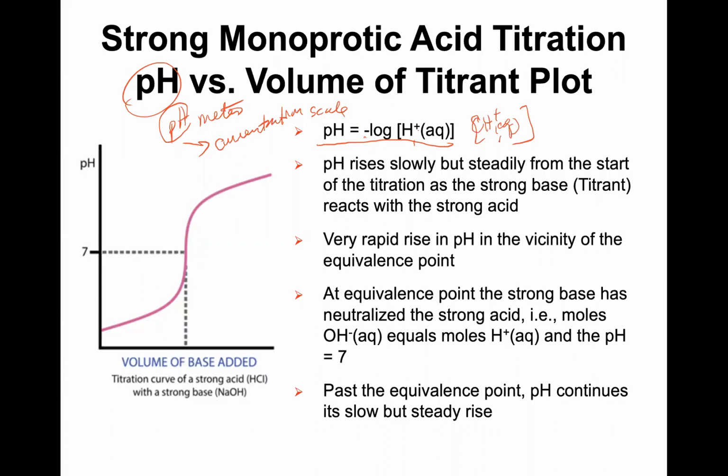So in this case, we can apply the pH meter to monitor. For example, at the beginning, you don't have any volume of base added, so the solution will be very acidic. When pH equals 0, that means the proton concentration is equal to one molar.